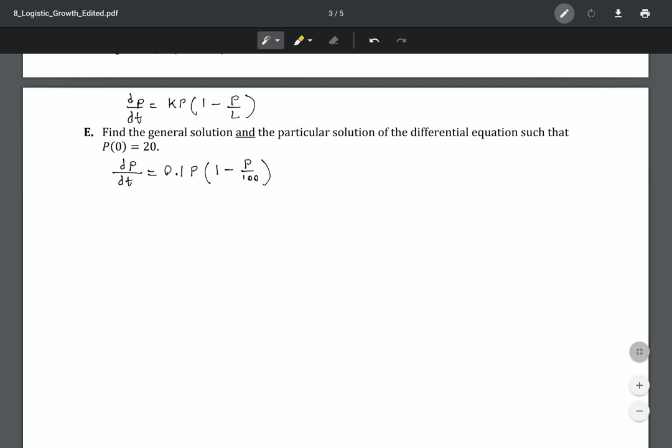Okay, so now what we're going to have here, right, we're going to have to integrate. So we're going to do exactly the same steps as we did before. So we're going to use separation of variables. So let's see.